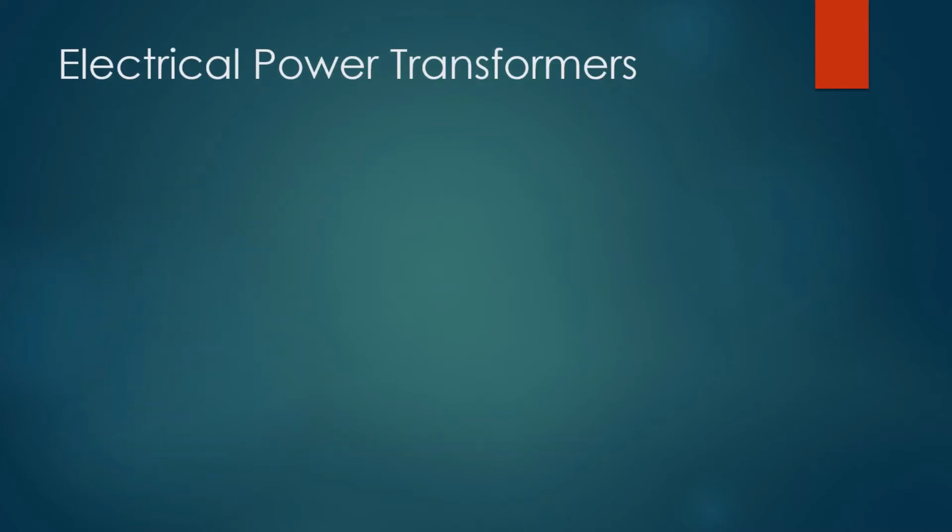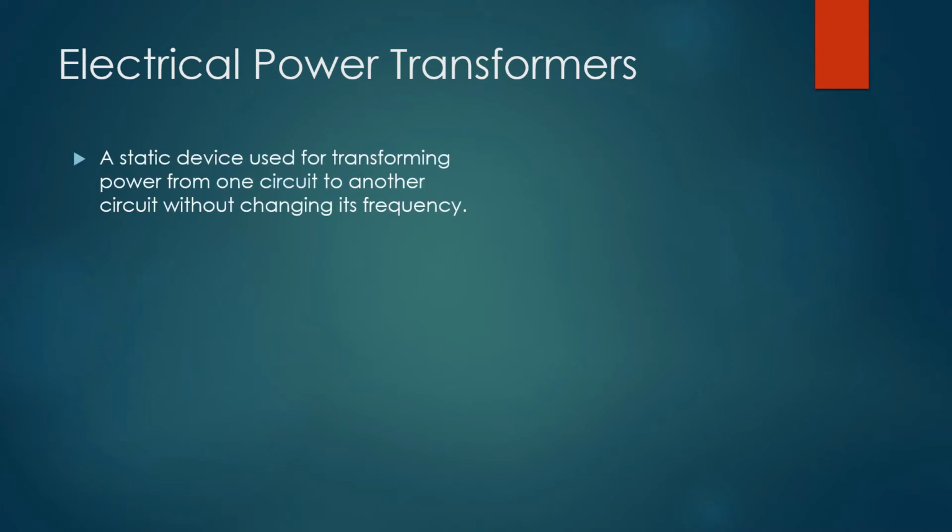So let us go direct to the first element, which is an electrical power transformer. An electrical power transformer is a static device that is used for transforming power from one circuit to another circuit without changing its frequency. This is just the normal transformer that you see on the distribution lines next to your houses.